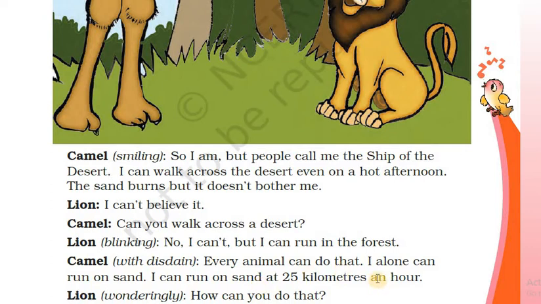And he is just adding that I alone can run on the sand. मैं अकेला सैंड के ऊपर दौड़ सकता हूँ. I can run on sand at 25 kilometers in an hour. That means in 1 hour he can run 25 kilometers.